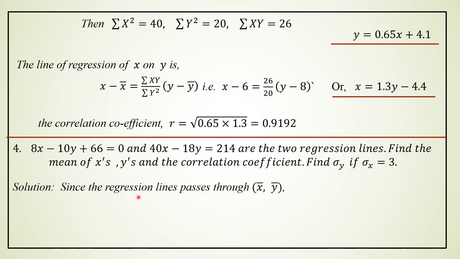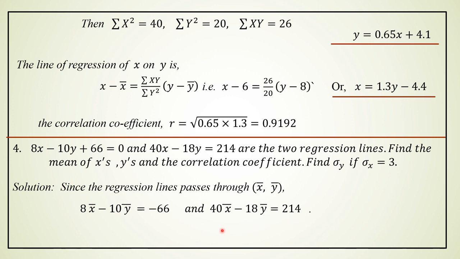Solution. We know that the regression line always passes through mean of x and y. Since it passes through the mean of x and y, hence it should satisfy the equation. Therefore, we have the equation to be 8x bar minus 10y bar is equal to minus 66 and 40x bar minus 18y bar is equal to 214.